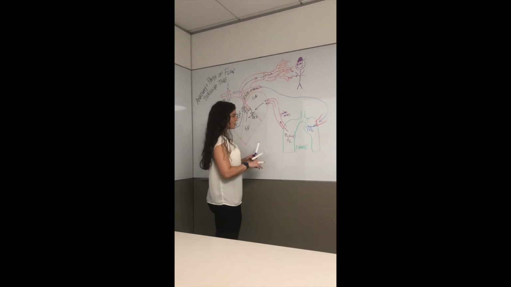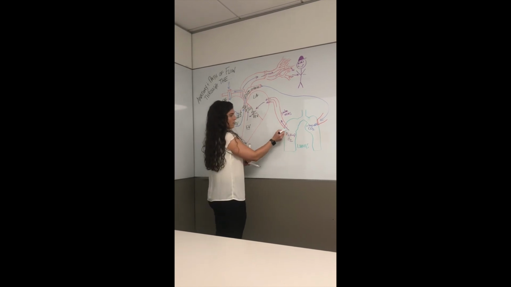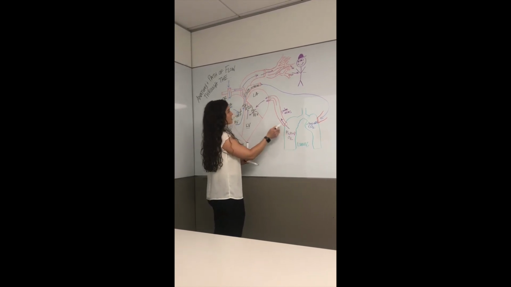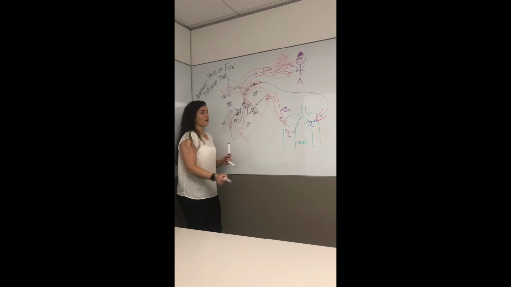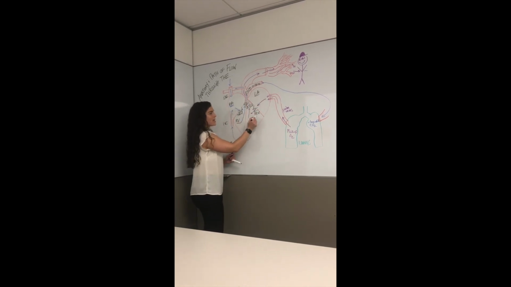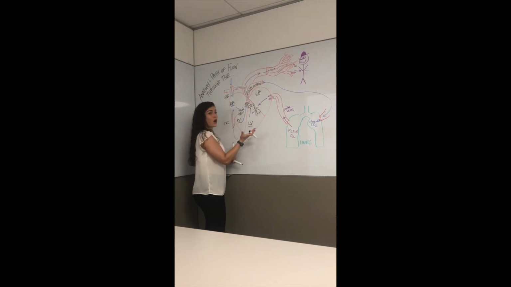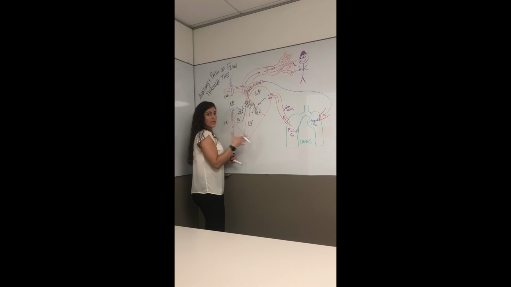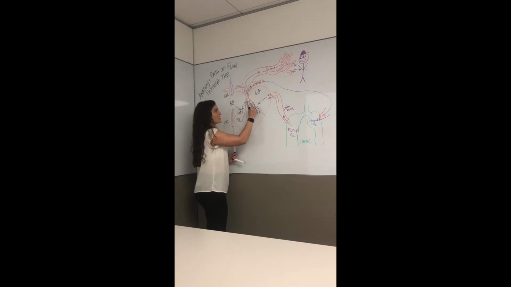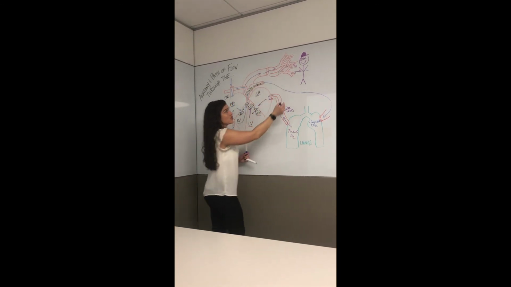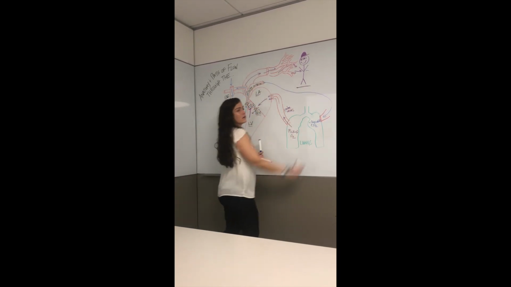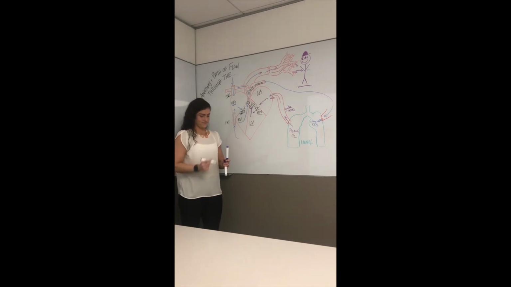Now we have oxygenated blood moving from the lungs through the pulmonary veins into the left atria. From the left atria, moving through that bicuspid valve into the left ventricle, where when the heart is contracted in a cardiac cycle, it is going to eject blood through the aortic semilunar valve into the aorta and through systemic circulation, bringing us back to the body and its tissues.